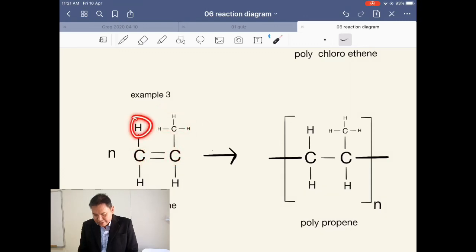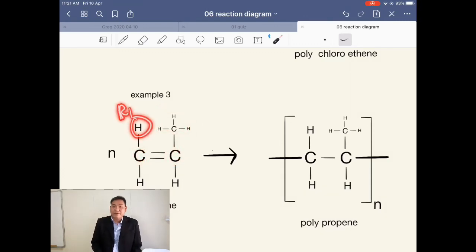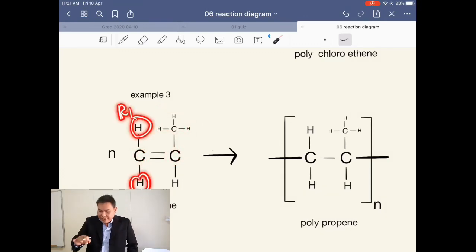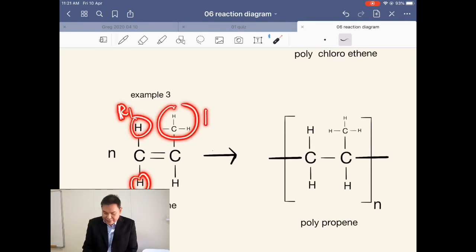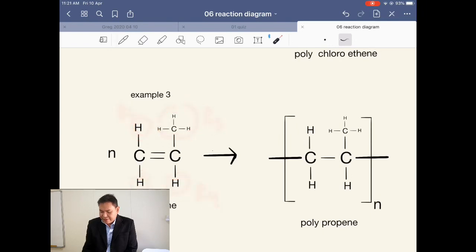R4 is also H. So you have 3 carbons, and the double bond here breaks up. So you call it polypropene. And polypropene is another type of plastic, slightly harder than the polyethene.